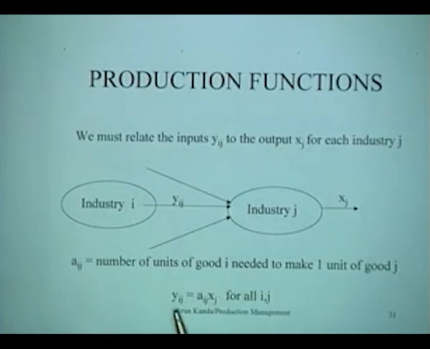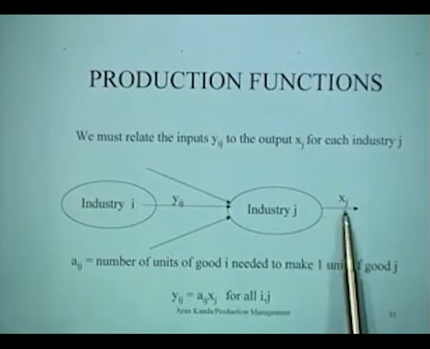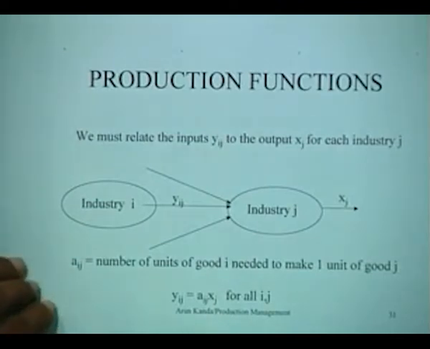We simply say that Yij is equal to Aij into Xj for all I, J possibilities. All that this is saying is that in any industry there are multiple inputs from different sources. So Yij, the amount of input I required for producing J, is equal to Aij times Xj.